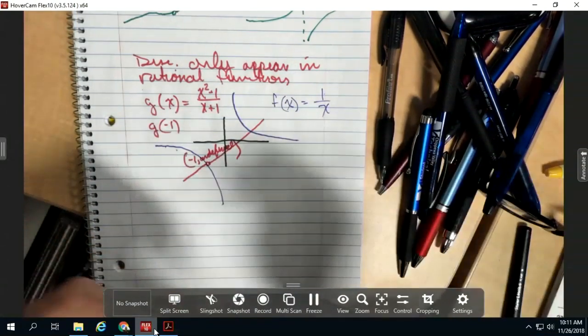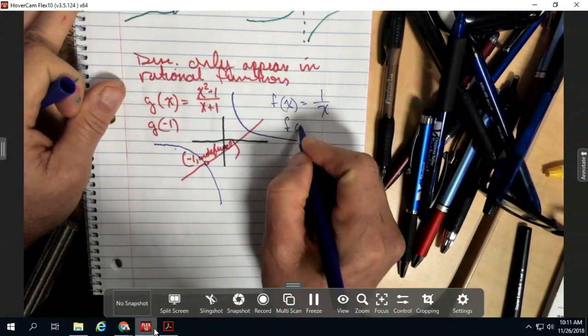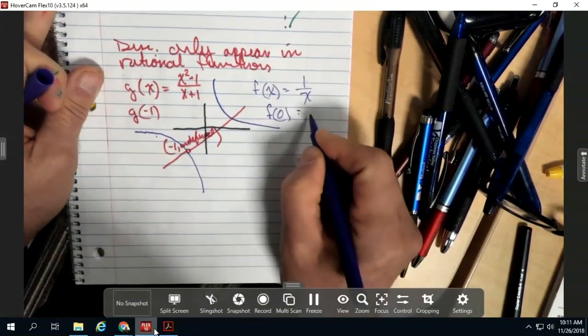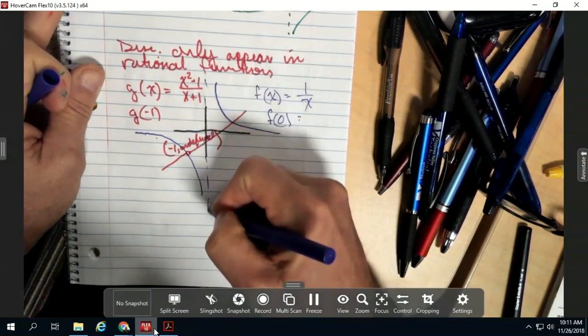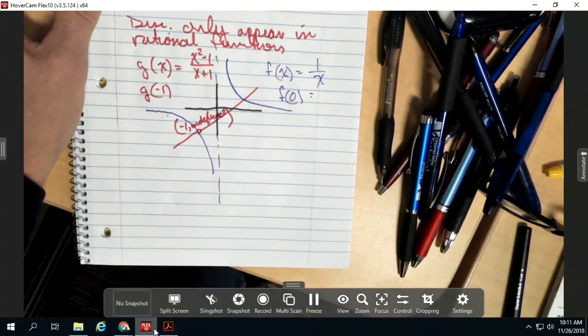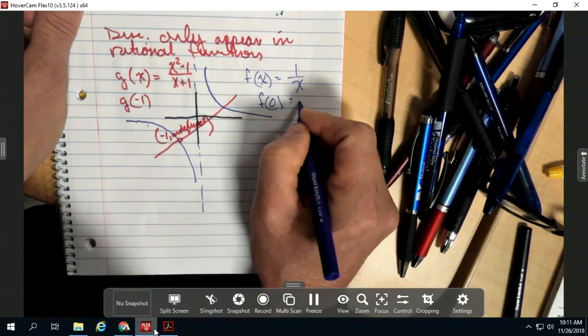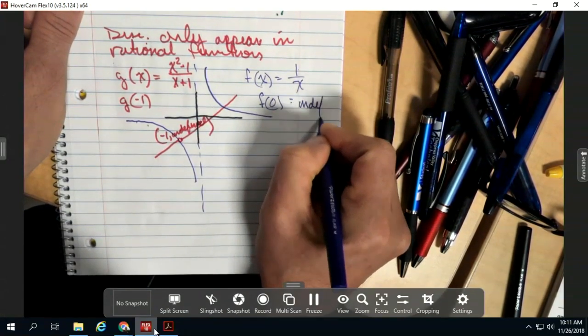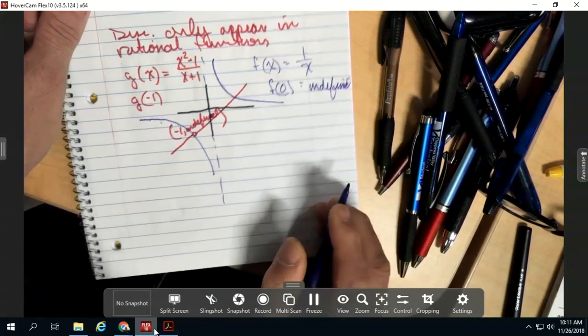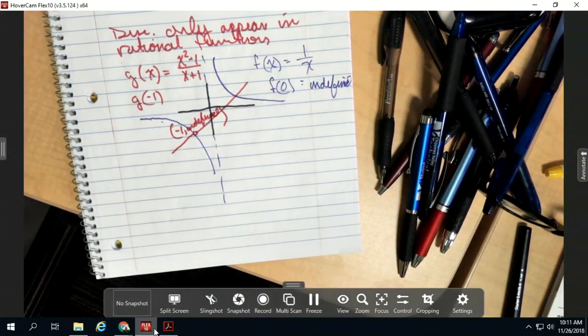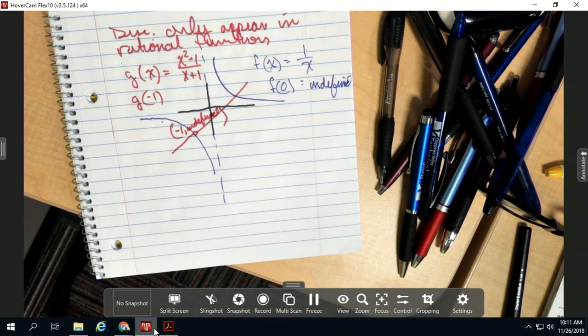Now we're supposed to find f of 0. So if x is 0, you see what happens? There is no value. It is undefined. So a discontinuity is a spot where the graph is undefined. There are two ways it can be undefined. One is as a hole. The other is as an asymptote.